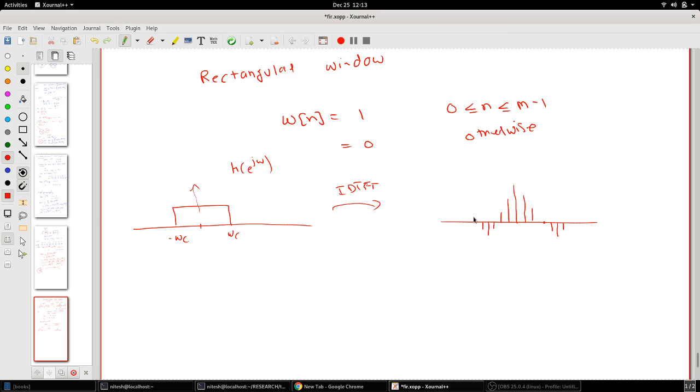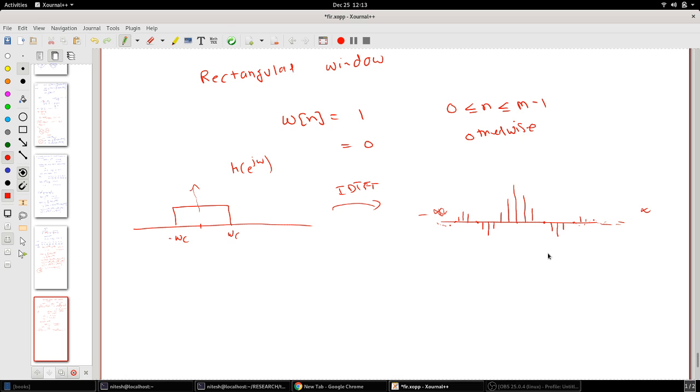It's going to be a damped function, going to 0 as it moves towards infinity, from minus infinity to infinity.